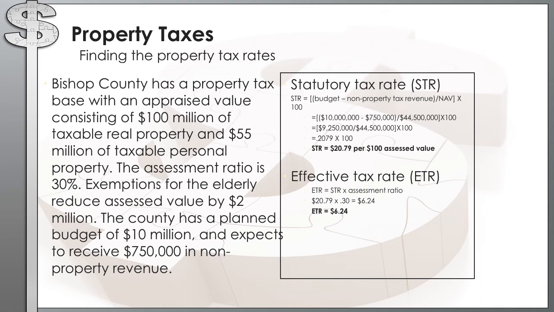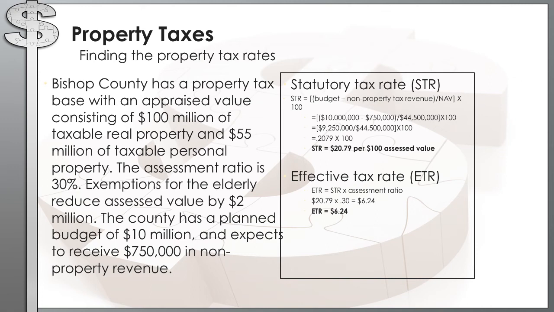Okay. So now, what's the effective tax rate? The effective tax rate is the tax rate that you actually pay after the exemptions and after the assessment ratio. Okay. So basically what we're doing here is we're taking that $20.79 and we're applying that 30% ratio, and that brings your tax rate down to $6.24.